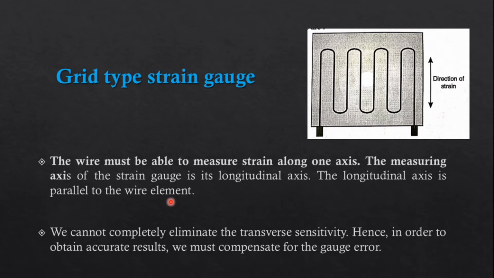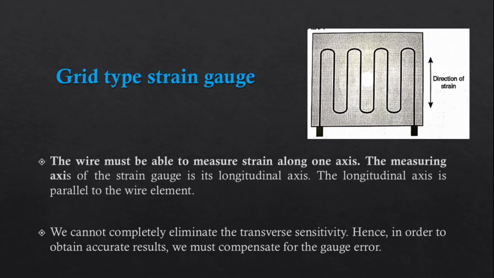Okay, a certain amount of strain is present along the transverse axis, and the sensitivity of the transverse axis has to be considered while measuring the output of the final stage. And we cannot completely eliminate the transverse axis sensitivity because the output result is going to depend on that. Hence, in order to obtain accurate result we must compensate for the gauge error.